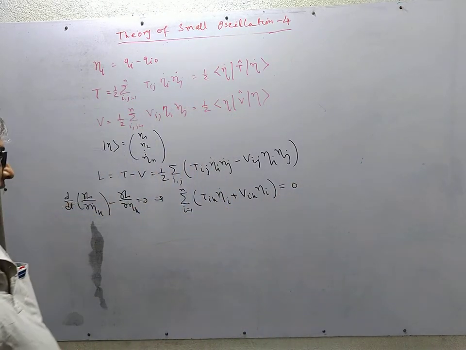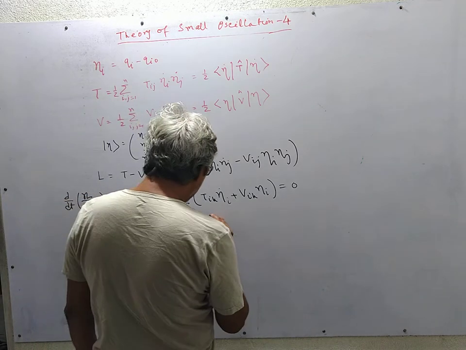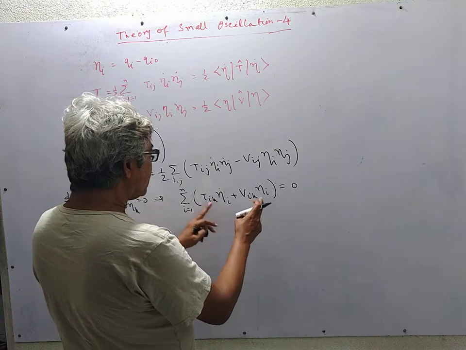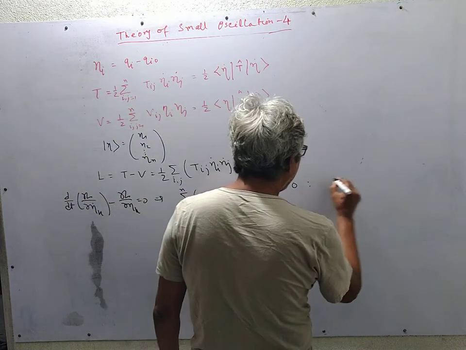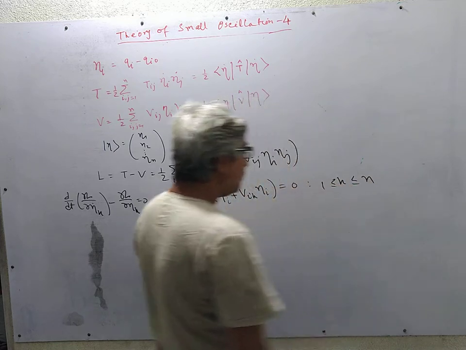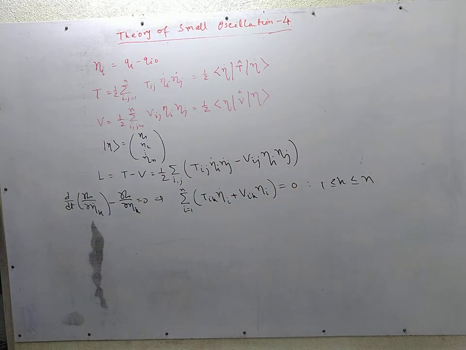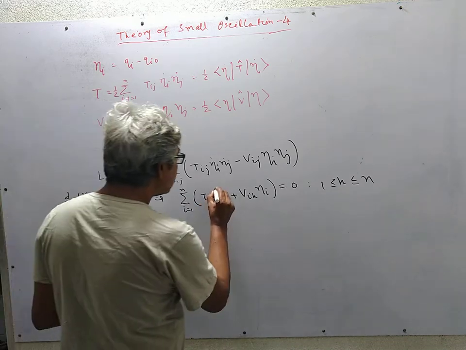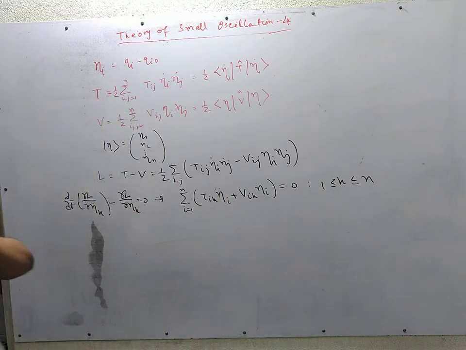This is n coupled equations. There is one equation for each value of k, and k ranges from 1 to n, so there are n coupled equations. Sorry, this should be a double dot.